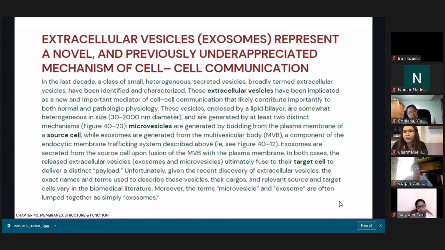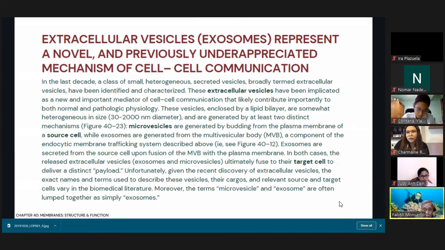Okay. Extracellular vesicles or exosomes represent a novel and previously underappreciated mechanism of cell-to-cell connection. Okay.